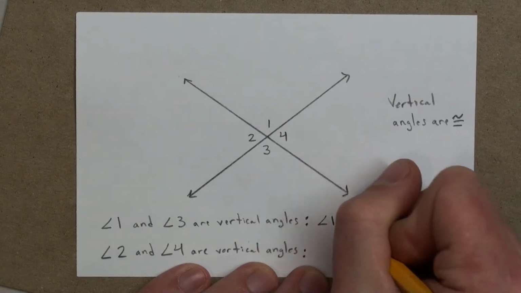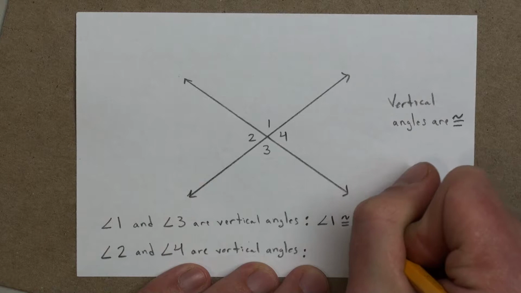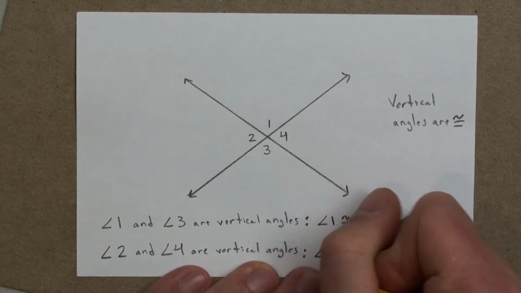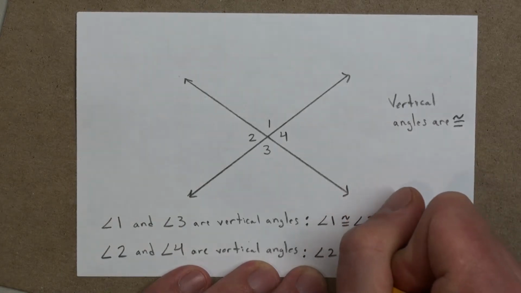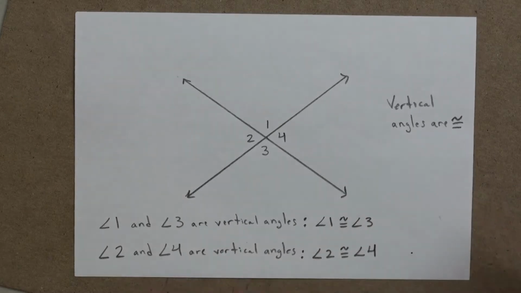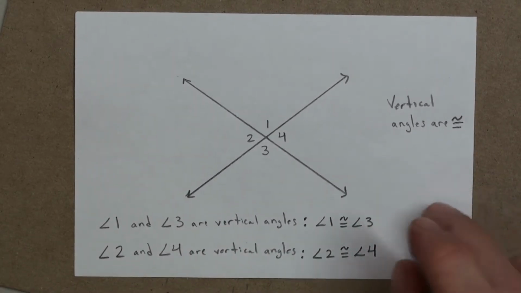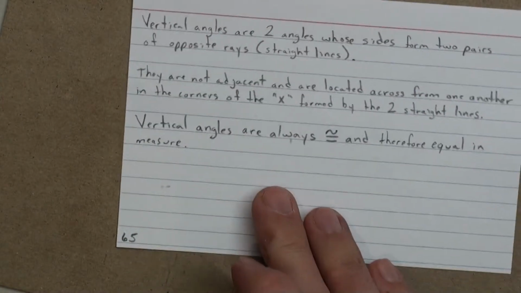So this means angle 1 is congruent to angle 3, and angle 2 is congruent to angle 4. Okay, this was card 65. Now we're on 66.